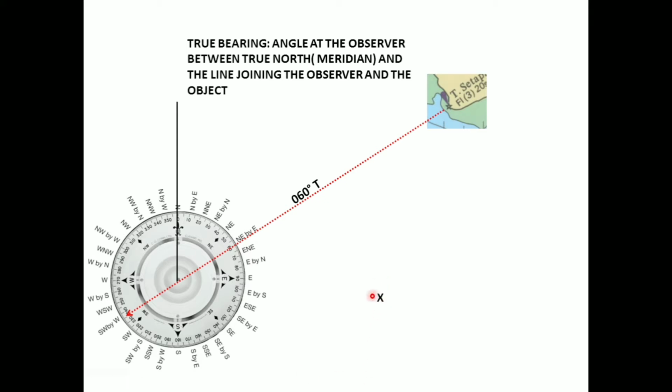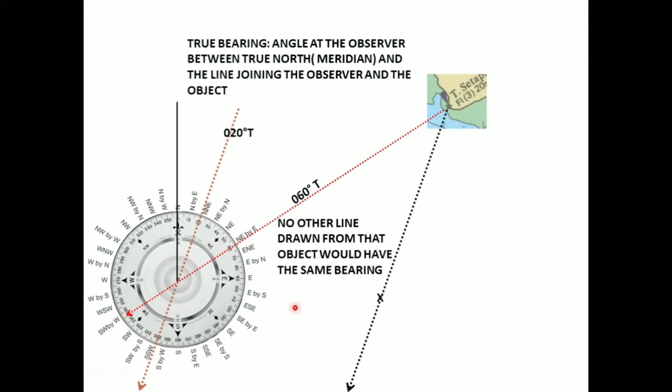If the observer was here, this would be his bearing, the angle with the true north. Compass being here now, I'm just transferring it and trying to see what it is. It's 20 degrees. When the observer is here, his bearing is 20 degrees true.